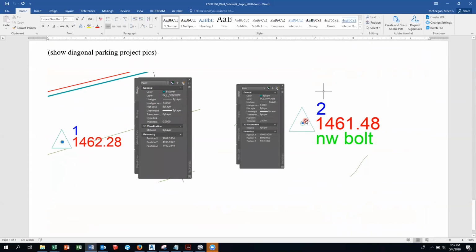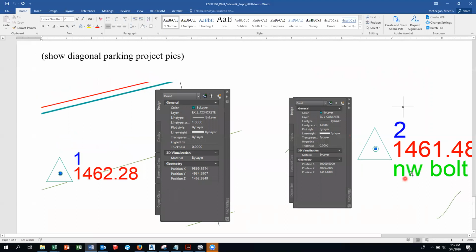Now this one, let's see. This will also be using coordinate geometry. It has coordinate geometry right now, but if you'll notice on this one, this is the control point number 2, delta 2.